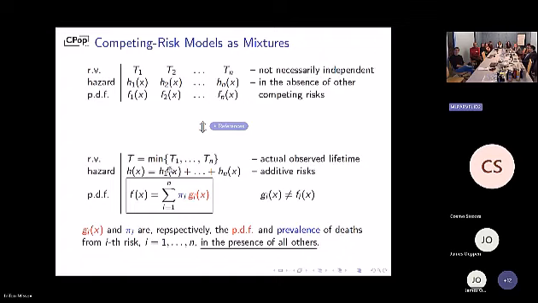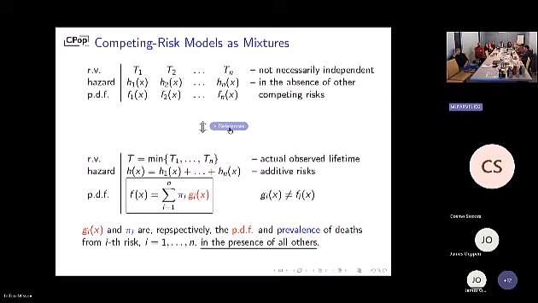If a model has additive risks, then each of these additive risks corresponds to a random variable that describes a competing risk. But it turns out that this very straightforward result in an independent risk setting also holds when these things are not necessarily independent.